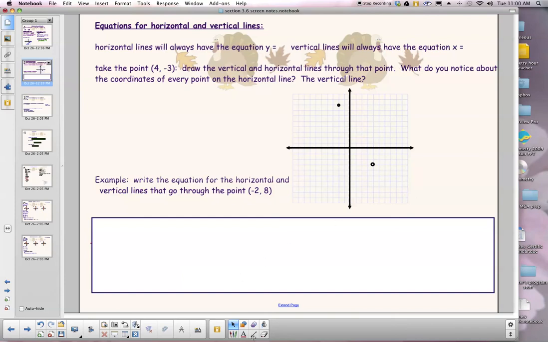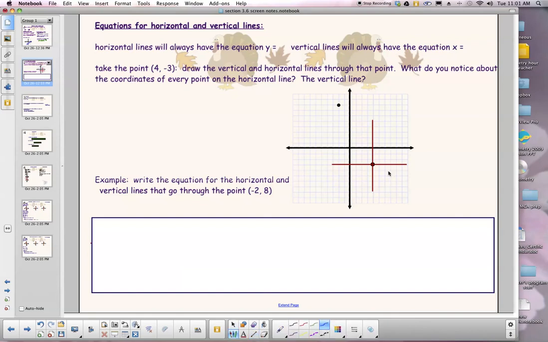So I'm going to take my line tool. I'm sure you guys have one of those in your notes, right? And I'm going to draw the horizontal and vertical lines that go through that point. I'm going to draw them big enough so that I can see where they cross those axes.